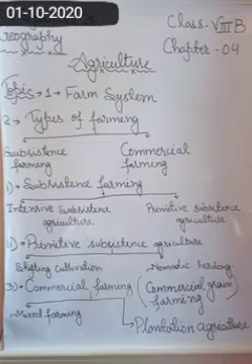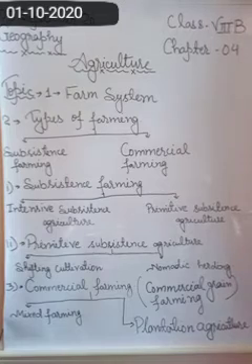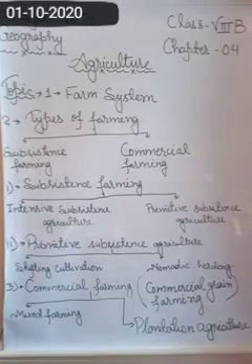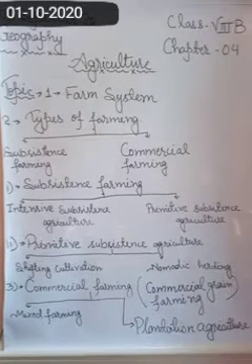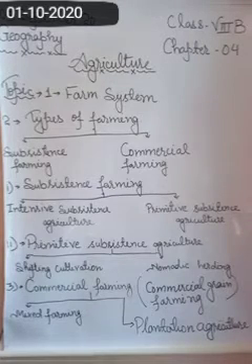All right, so students, what is intensive subsistence agriculture? In this type of farming, the farmer cultivates a small plot of land using very simple tools and a large number of laborers to do agriculture activity.